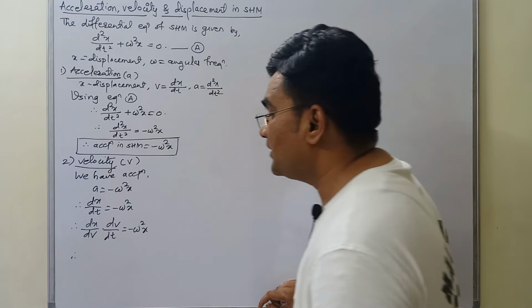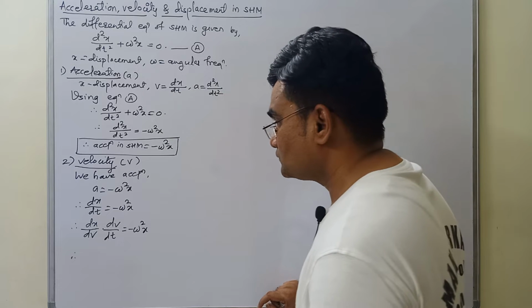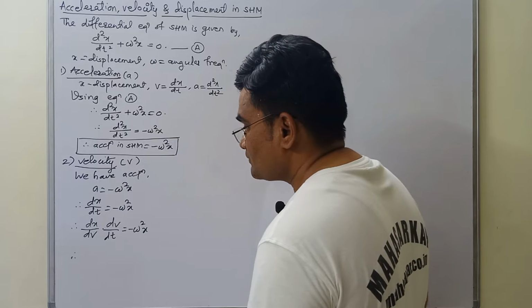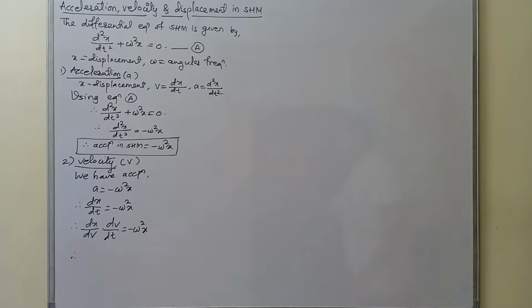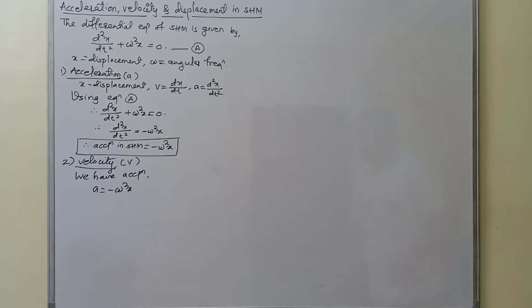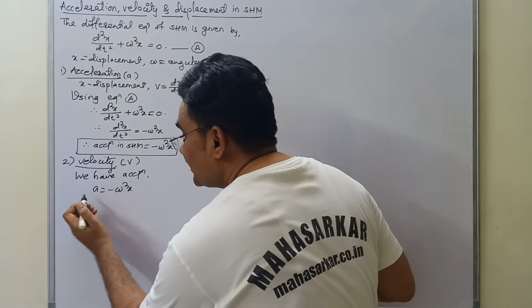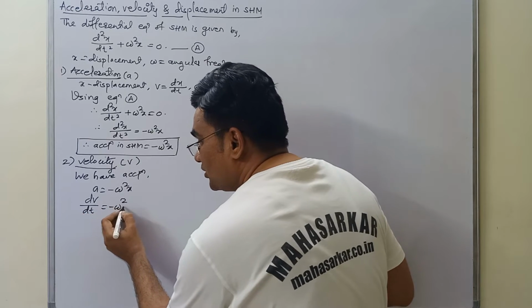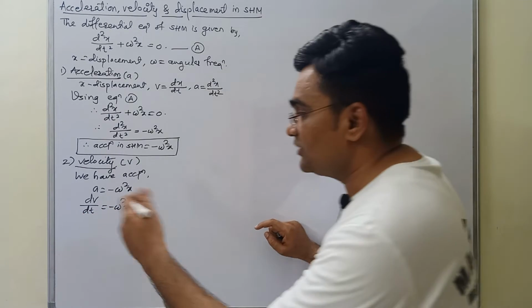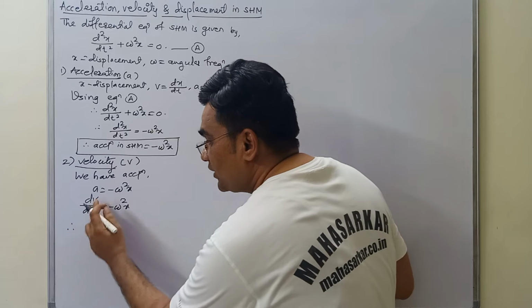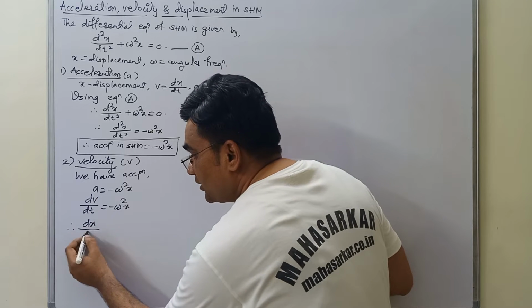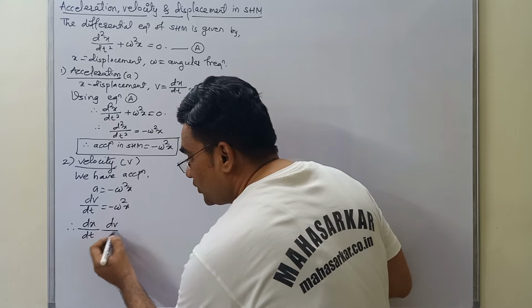A few corrections: acceleration we can write as dv upon dt equal to minus omega square x. I initially wrote it wrong. So if I now adjust this, it is like dx upon dt into dv upon dx.